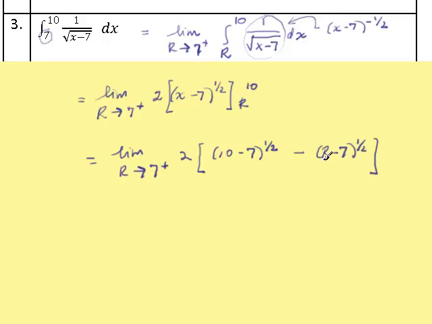So as r goes to 7, this goes to 0. And here we have 3 to the 1/2. So this limit is equal to 2 times the square root of 3. All right, a finite number, so we say this converges.